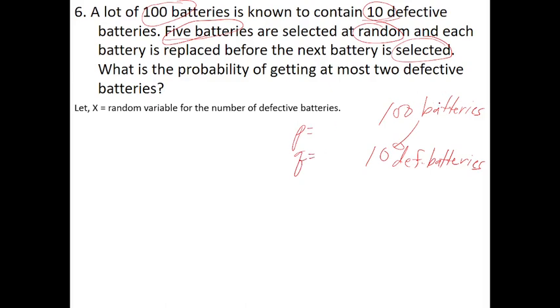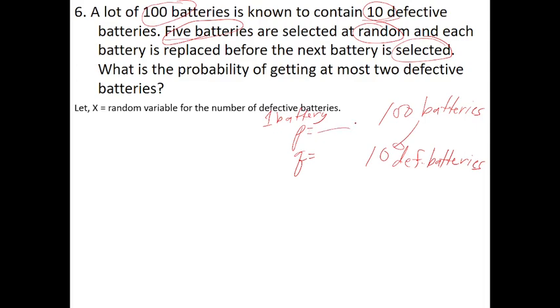Let's say, kumuha ko ng battery, for every battery, one battery, ano yung probability na defective siya? So, sabihin niya, probability of success ko ay yung probability na defective yung isang battery. Okay? Kasi ang random variable ko ay number of defective batteries. Therefore, yung probability of success ko dapat may kinalaman sa defective battery. No? So, for every battery, ano yung probability na defective?